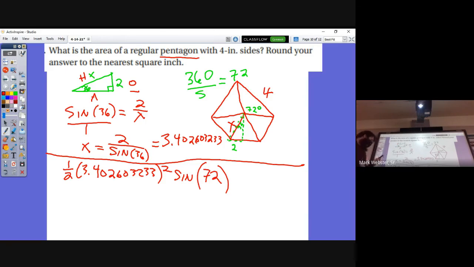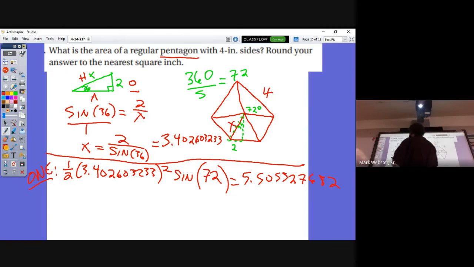Okay, so for one triangle, I end up with this number. That's for one triangle, but I need 5 triangles, right? So I'm just going to multiply by 5.